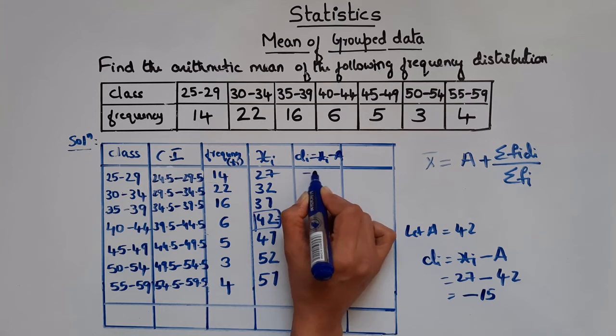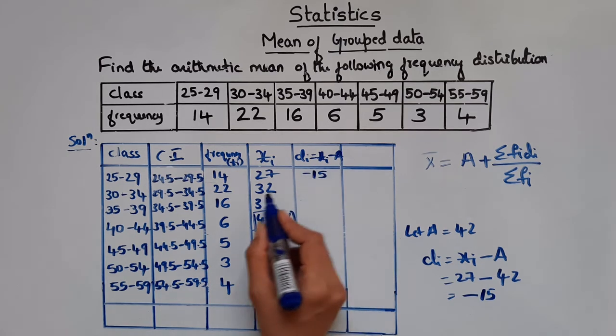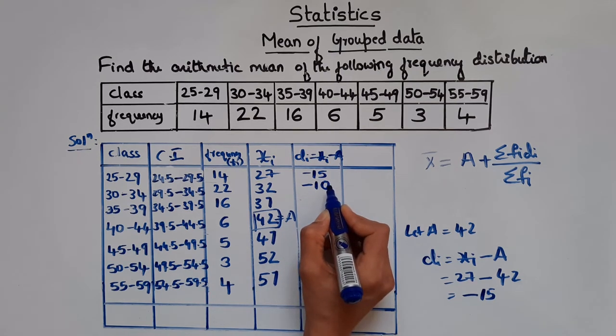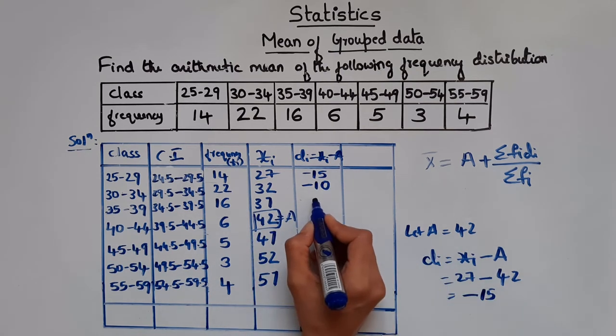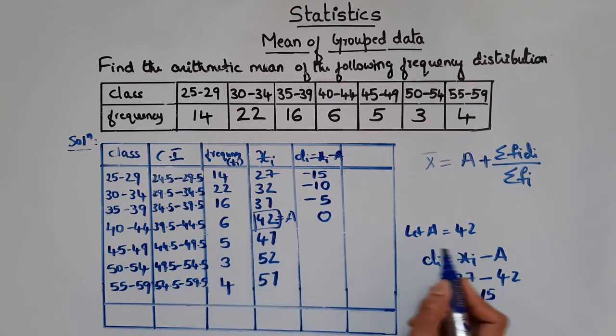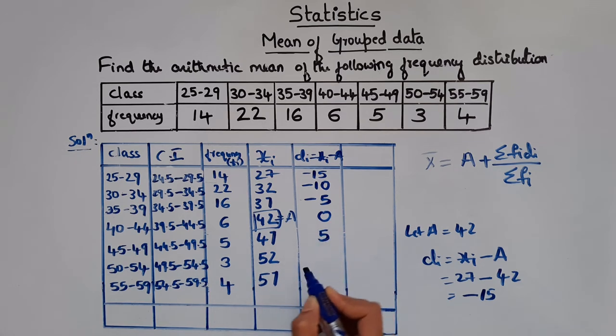So you will write this here, minus 15. Similarly, 32 minus 42 will give you minus 10. 37 minus 42 will give you minus 5. So 42 minus 42 is 0. 47 minus 42 will give you 5. 52 minus 42 will give you 10. 57 minus 42 will give you 15.